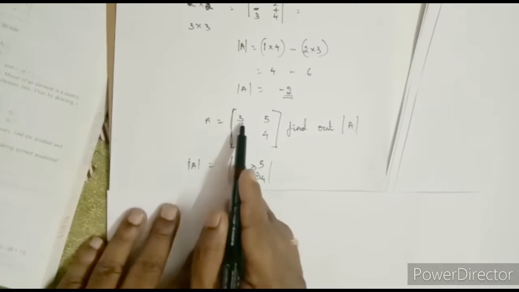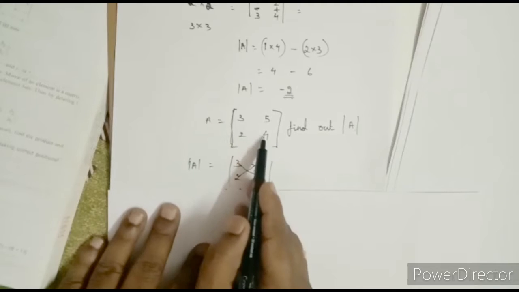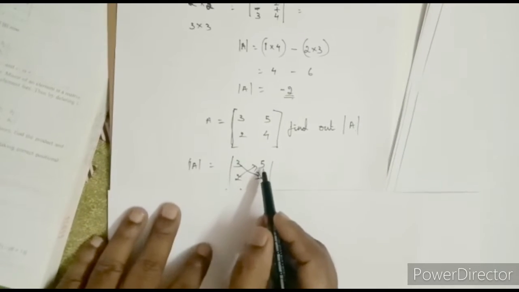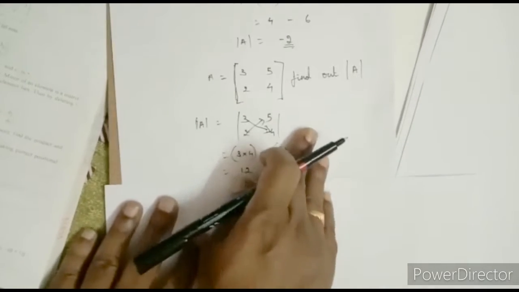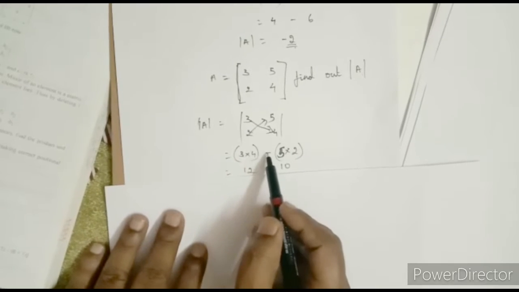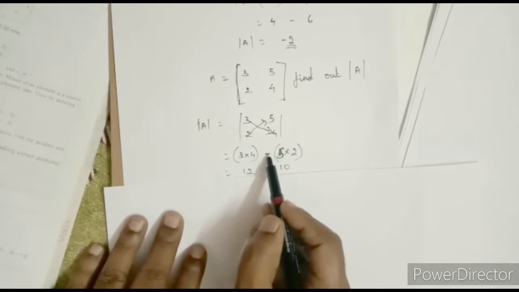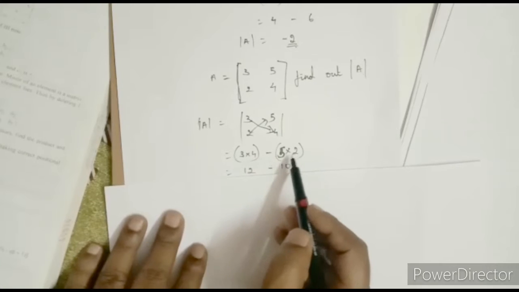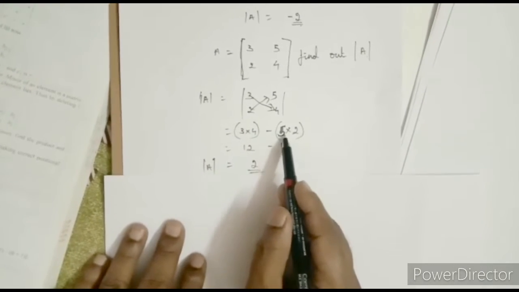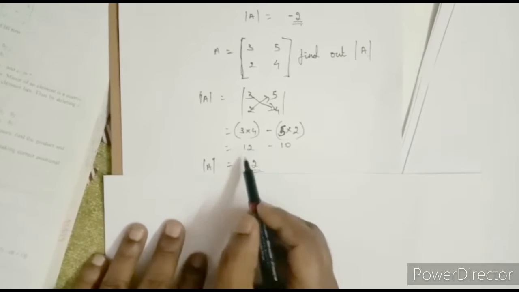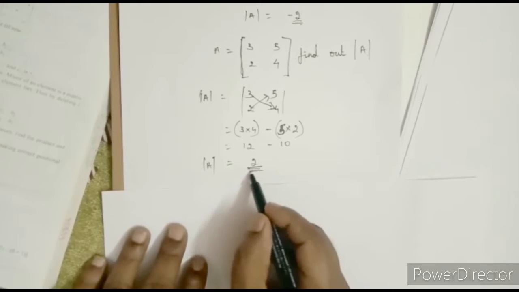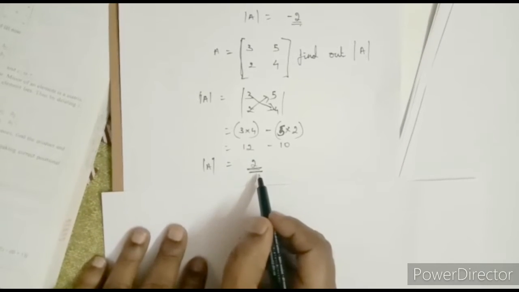Det A equals 3 into 4 cross multiplication, then 2 into 5 or 5 into 2. Anyhow we have to just cross multiply. Therefore 3 into 4 minus, as I said, always we need to minus 5 into 2. So therefore 3 4s are 12 minus 5 2s are 10. So therefore the answer is det A equals 2.